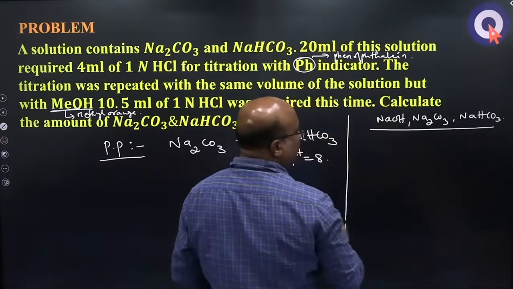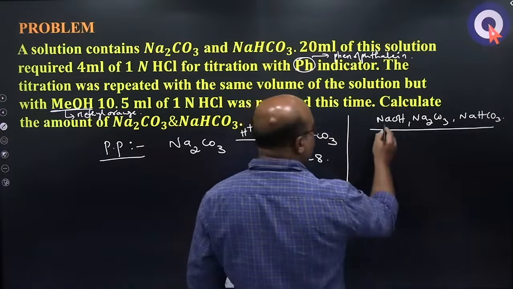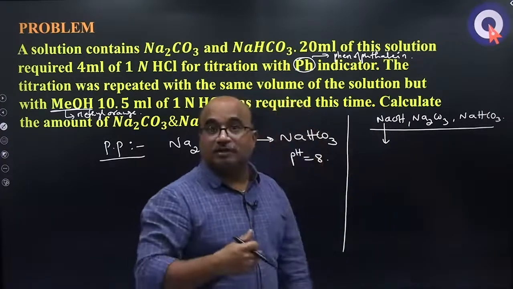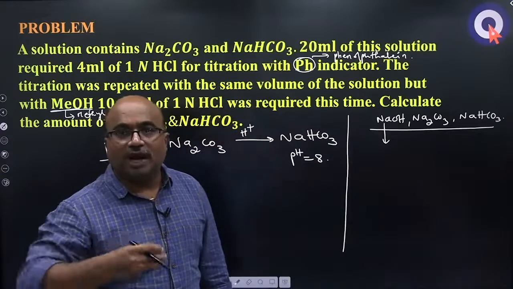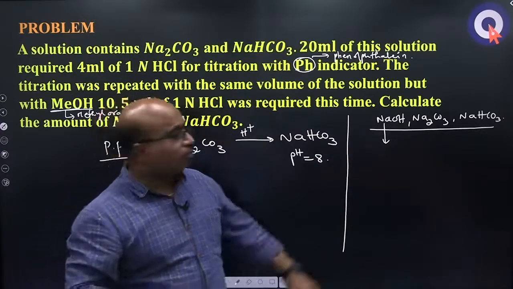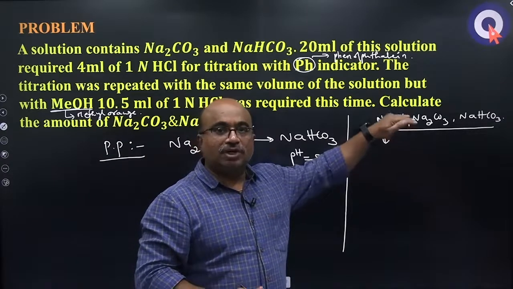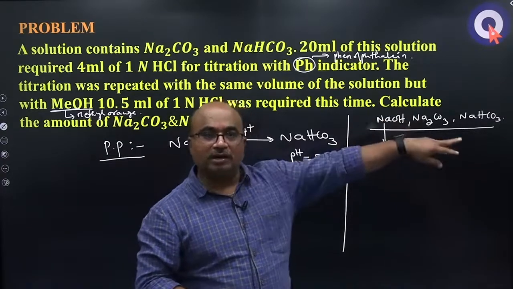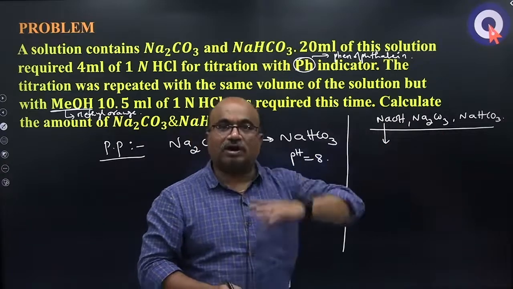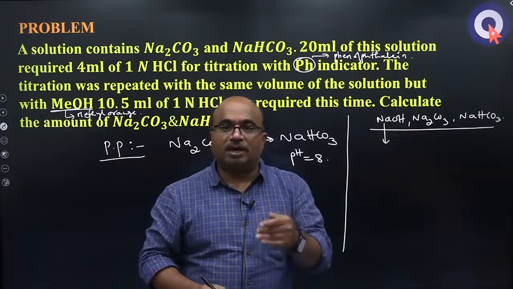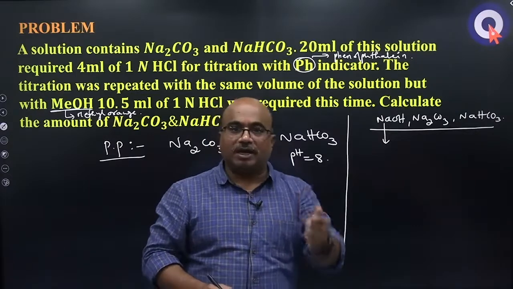Now when we use that equivalent concept, suppose we have sodium hydroxide, sodium carbonate and sodium bicarbonate. Sodium hydroxide is completely neutralized first because it is a stronger base. So when we add acid, first sodium hydroxide gets neutralized. Then sodium carbonate, which is more basic than bicarbonate, starts reacting with acid. Sodium carbonate first converts into bicarbonate.